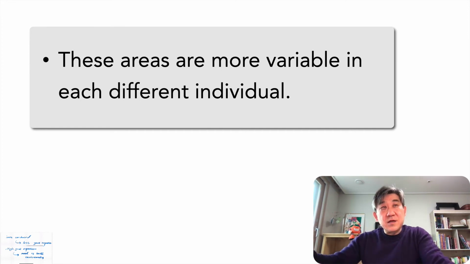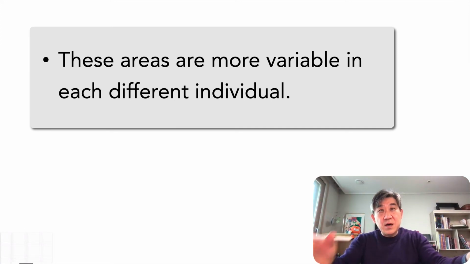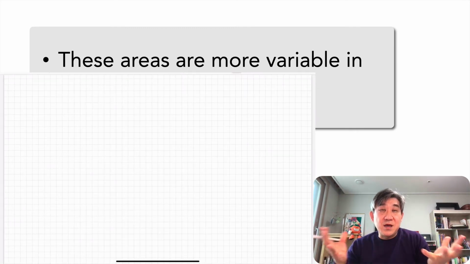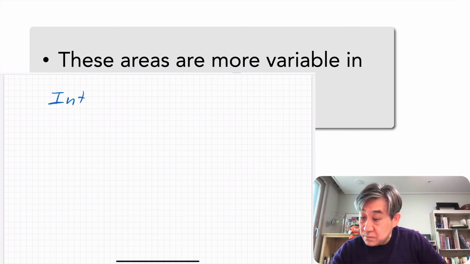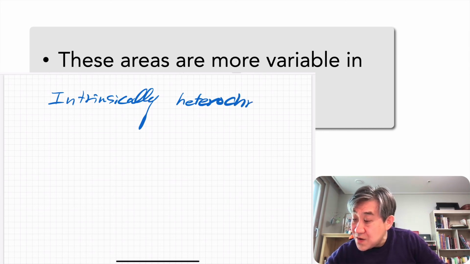But once again, another thing is there are intrinsically heterochromatin areas. So one thing is, on a given area, the degree of condensation can be dynamic. But another thing is the intrinsically heterochromatic area on your genome.